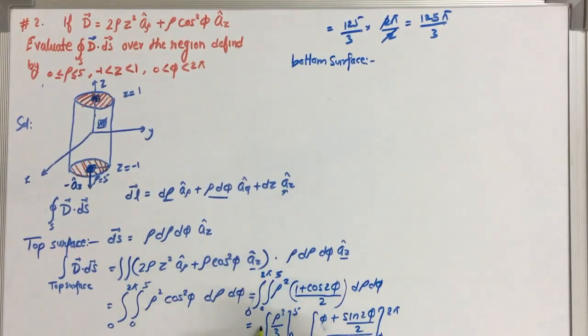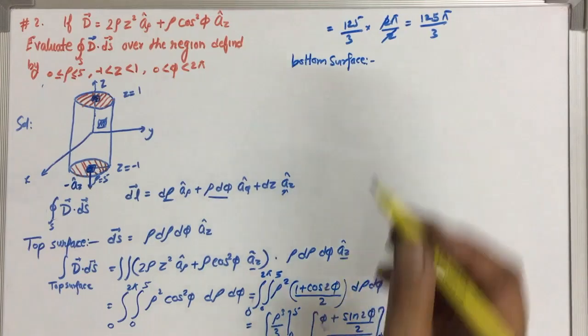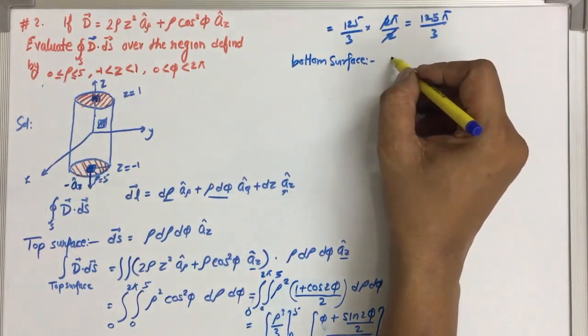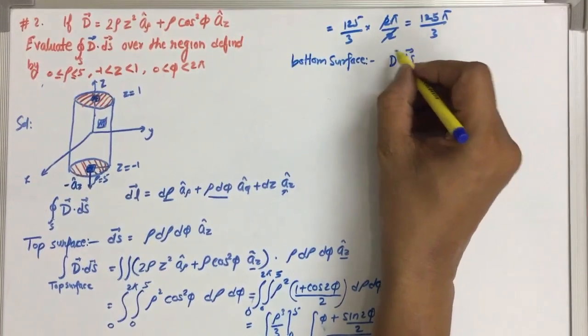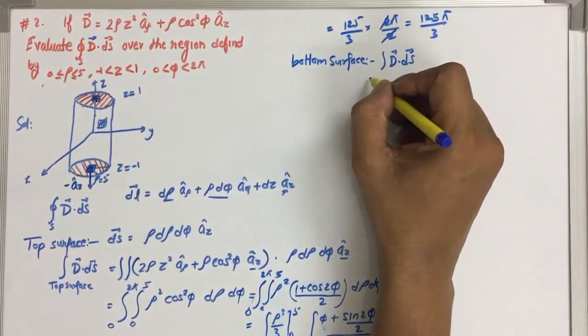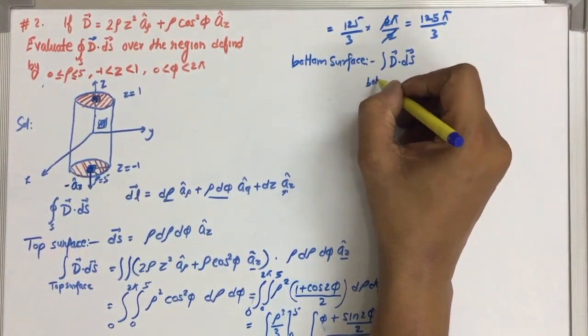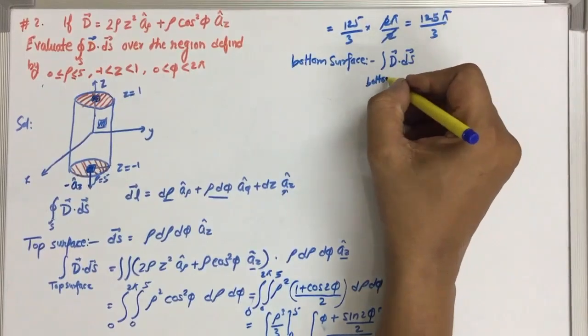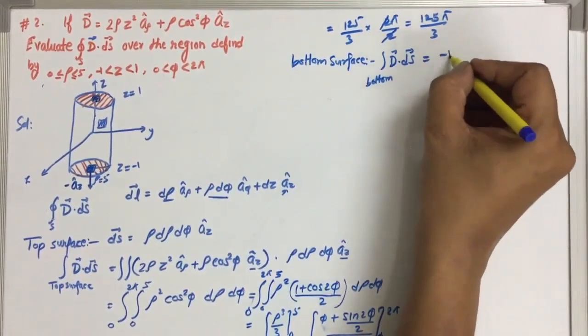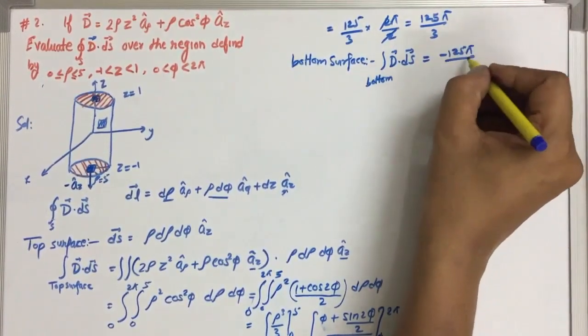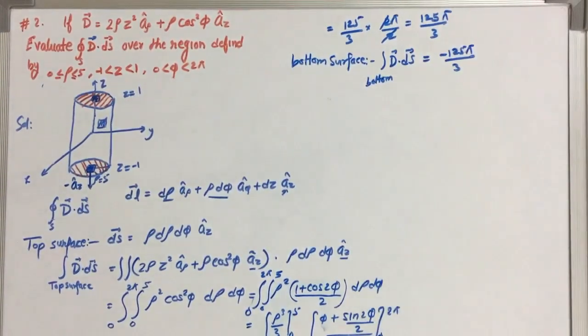So finally the value will be with a minus sign. So for the bottom surface, D dot dS is minus 125 pi by 3.